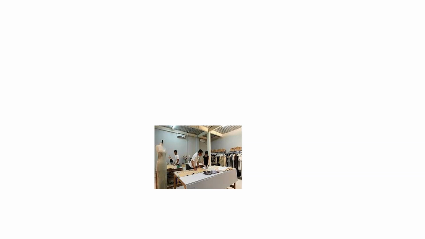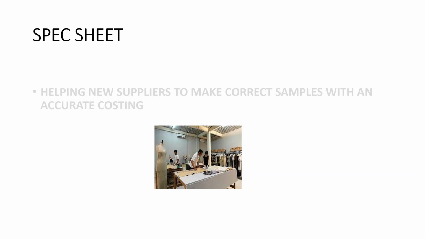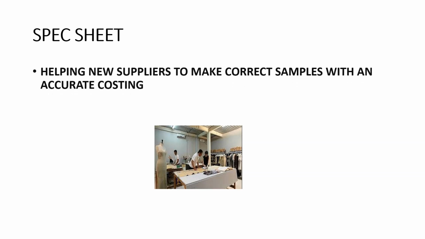Now students, what is the meaning of this particular image? Yes, it also helps new suppliers to make correct samples with an accurate costing. So when such an approach is there, with improvement of the quality and corrections in the process, a new supplier can really produce a correct sample.